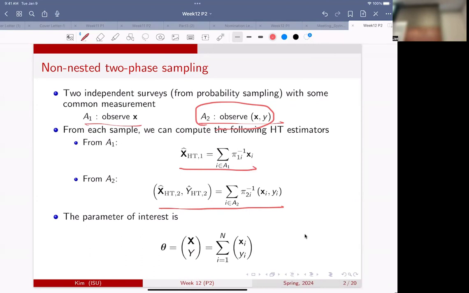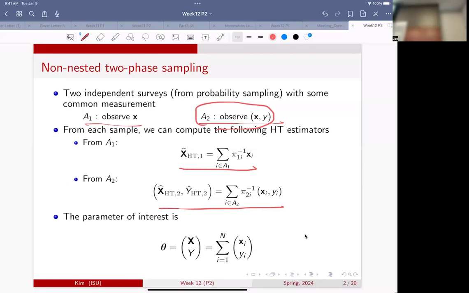It makes sense because we don't want to create a weight for A1, right? Because A1 is just outside. We don't have the measurement that we want. So if you are interested in estimating the mean of y, then you want to construct the survey question for that. So A2 is our survey.